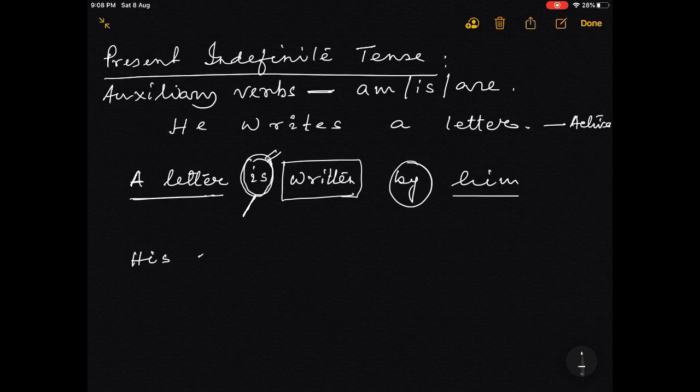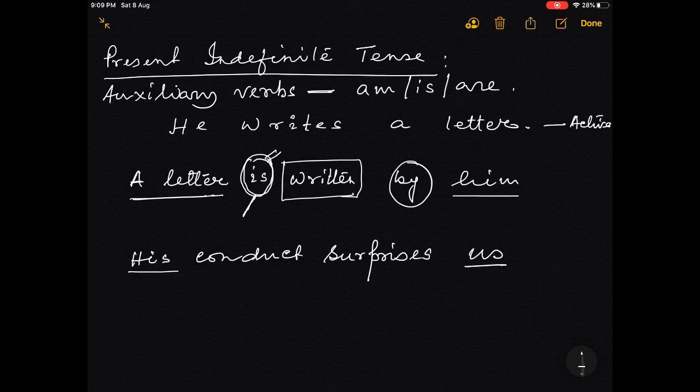His conduct means behavior. His conduct surprises us. This is the object and this is the subject. It will change. Us will go here, it will become we, and surprises, the verb will always be the past participle, surprised.